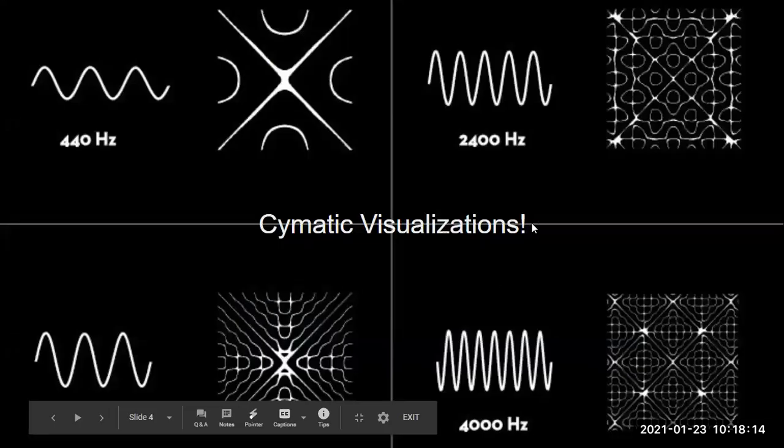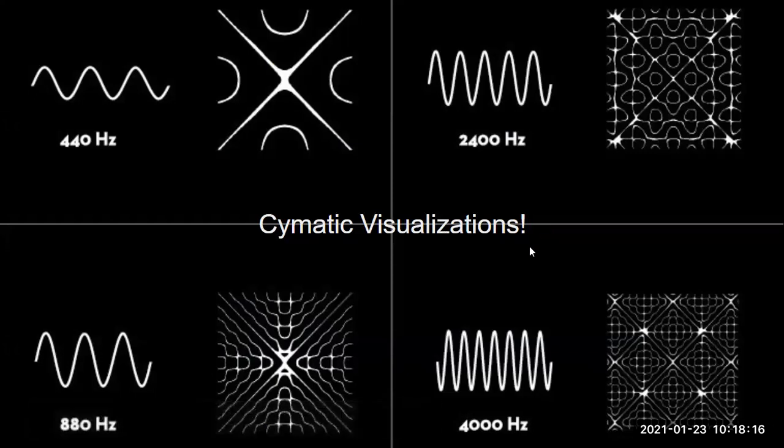Yeah, and then there's also the visualization aspect of cymatics, where essentially you're running a frequency through a plane. Let's say you put water on it or you put sand on it. If you play different frequencies, the waves are going to settle a certain way where you can see the nodes and antinodes.